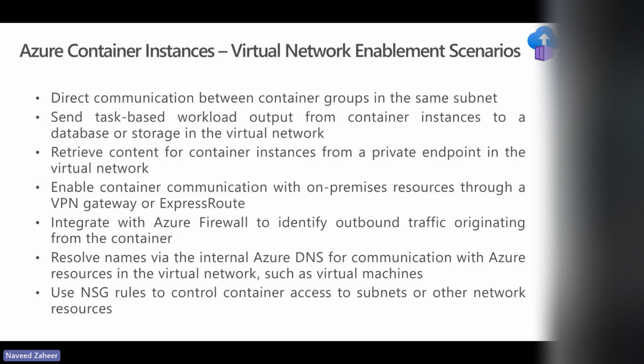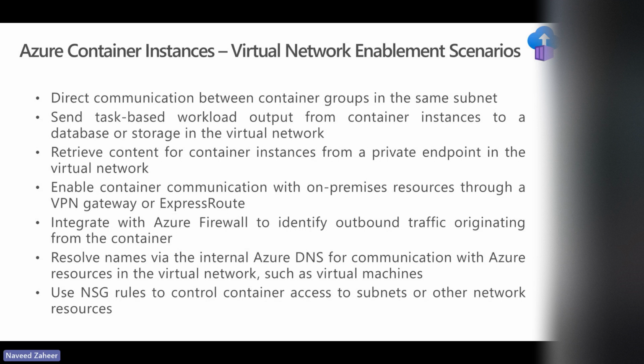So let's say that you run an ACI, and ACI means Azure Container Instance, and it needs to process something. It has to come from somewhere. It will either come from on-prem or some of the resources in the cloud itself. So it has to have some sort of connectivity. Normally, you need virtual network connectivity to connect to resources in a virtual network.